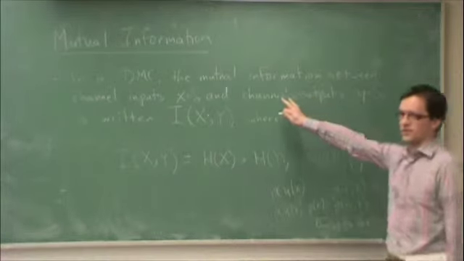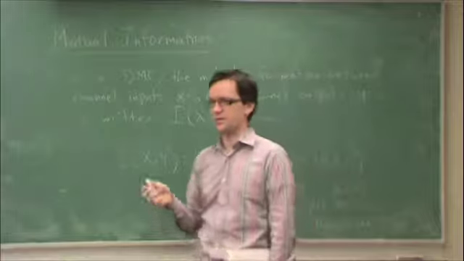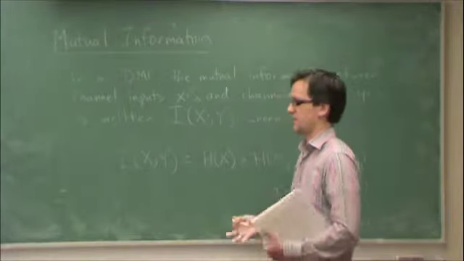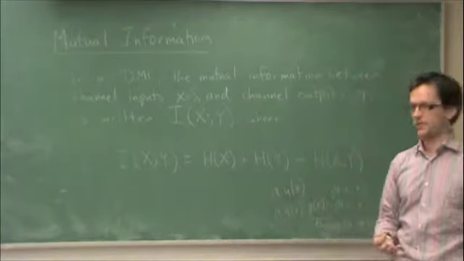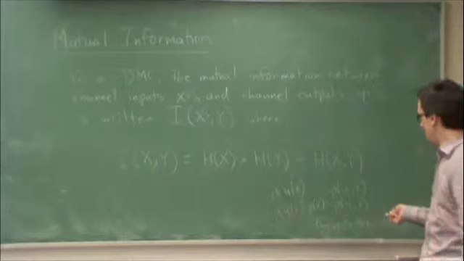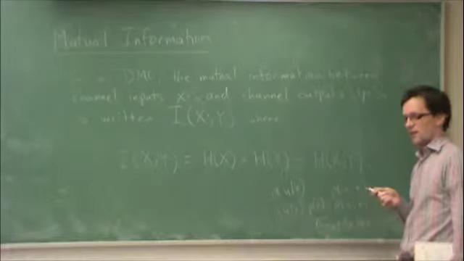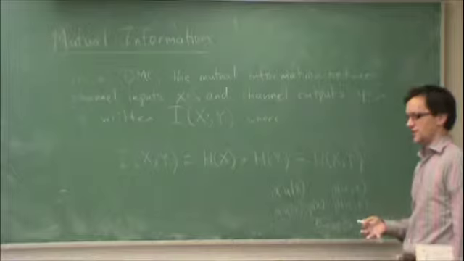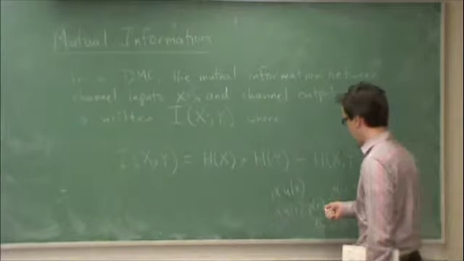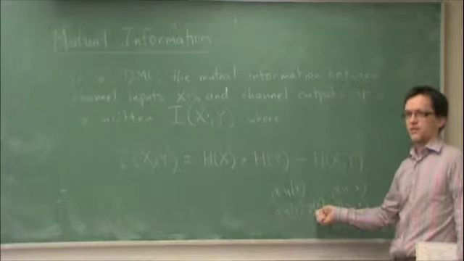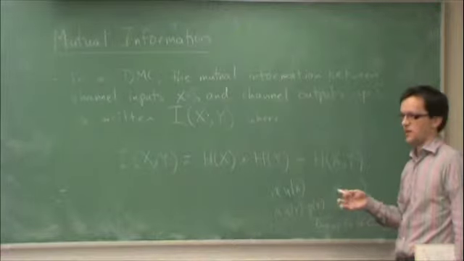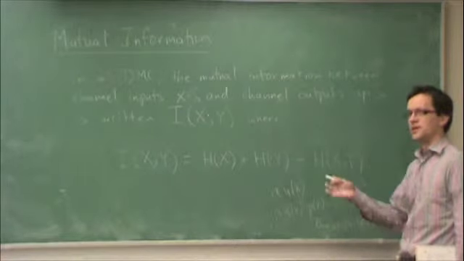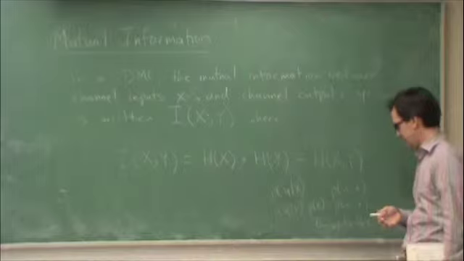In other words, the channel is given to us. The channel is probability of Y given X. That's provided by nature, and we don't get to play with that. P of X, it's the user's job to design the encoder, and P of X is a property of the encoder. P of X is the probability of any particular symbol being applied to the channel.